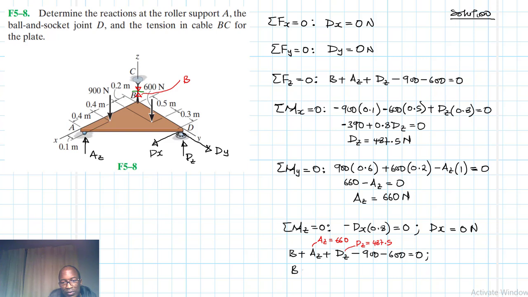So if we solve this particular equation, our B will be equal to 660 plus 487.5 minus 900 minus 600. So we have B equal to 352.5 newtons.